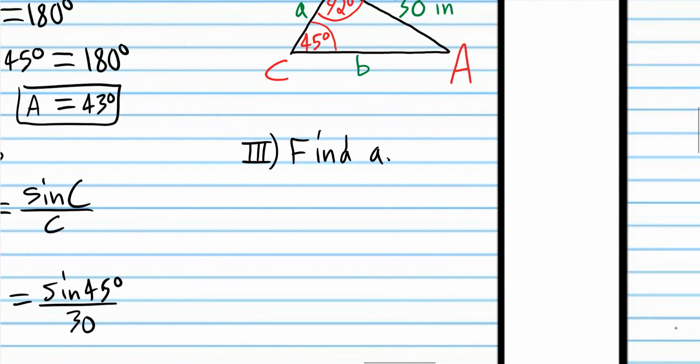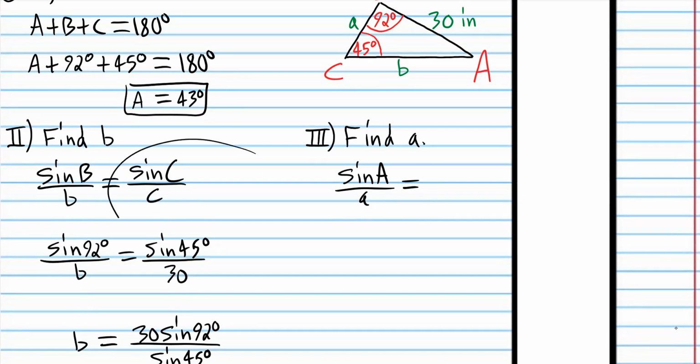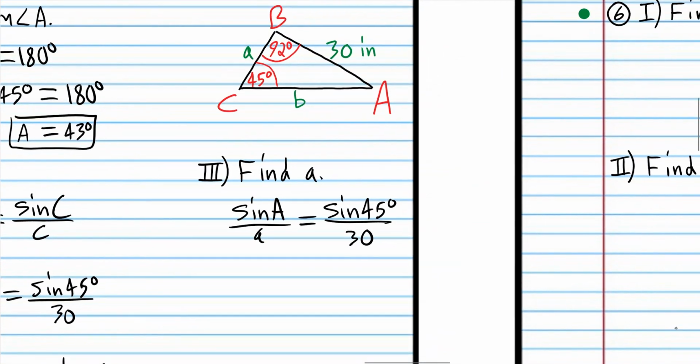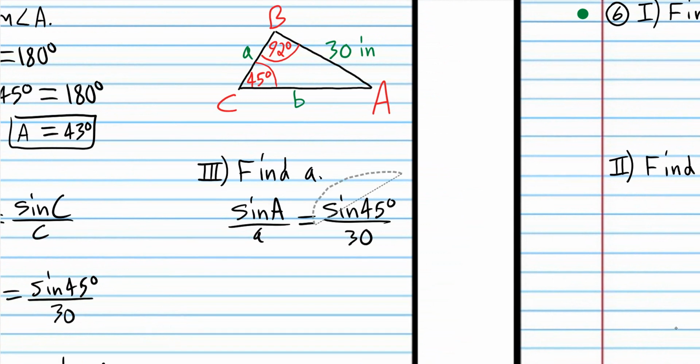So obviously we're going to use sine A over A because we're looking for A. And remember, we have this ratio sine C over C, so sine 45 degrees over 30 inches. Whoops, I'm going to write that out first.